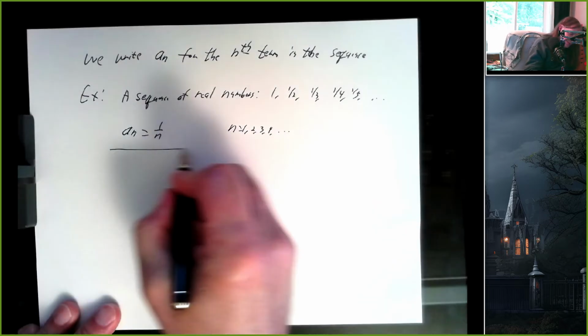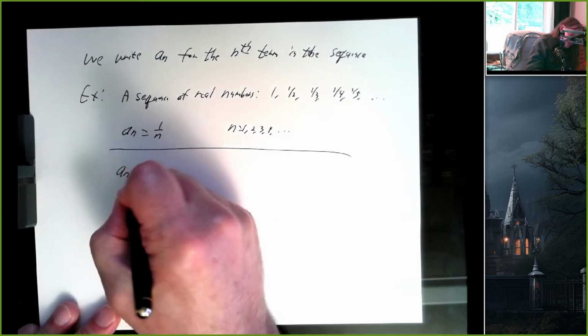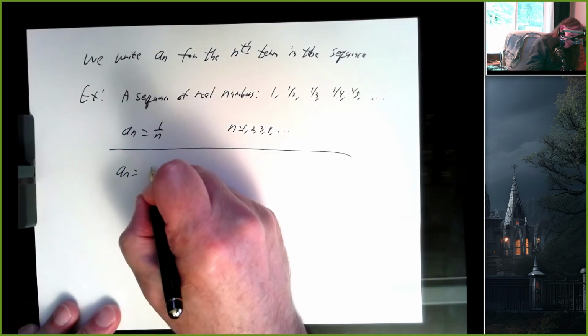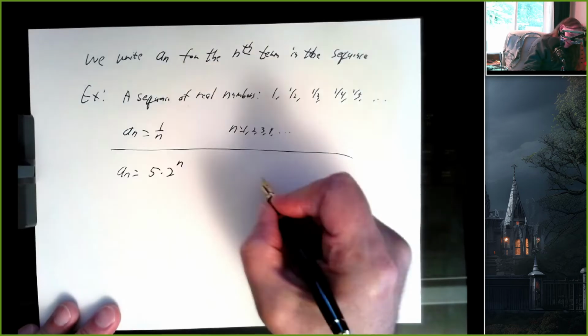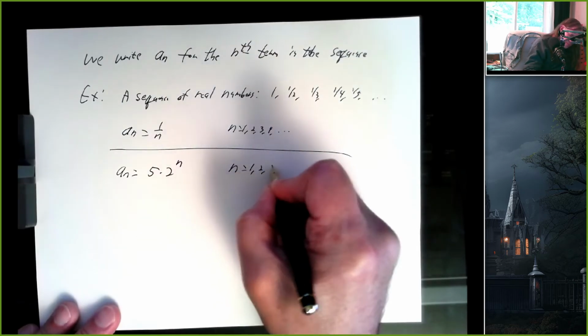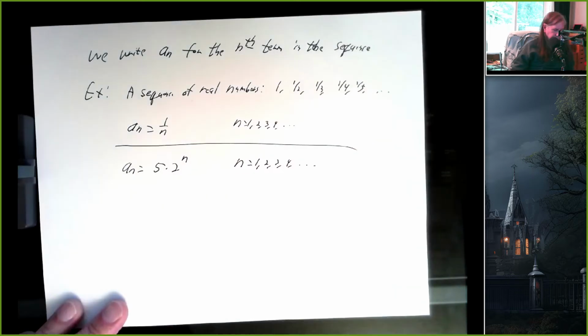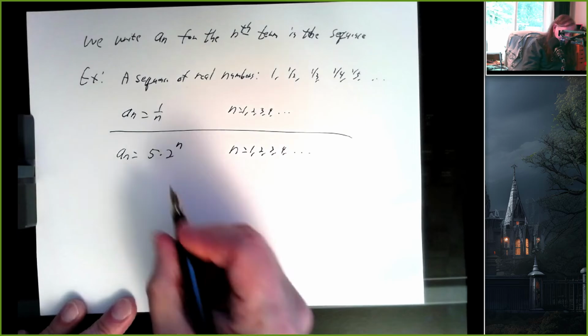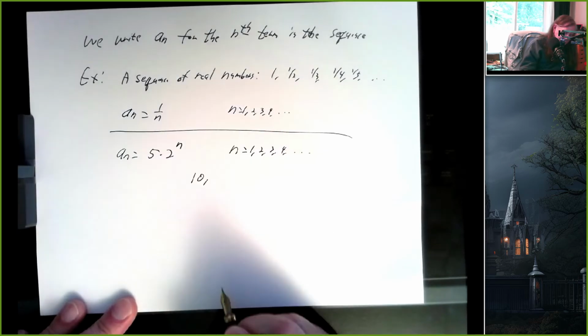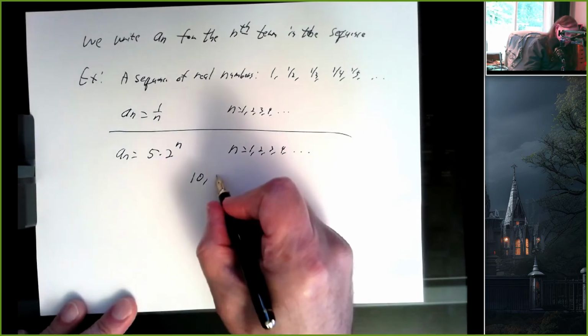Or we could write a sequence where a n is equal to 5 times 2 to the nth. So in this case, if n is 1, 5 times 2 to the first would be 10. If n is 2, 5 times 2 squared would be 20.